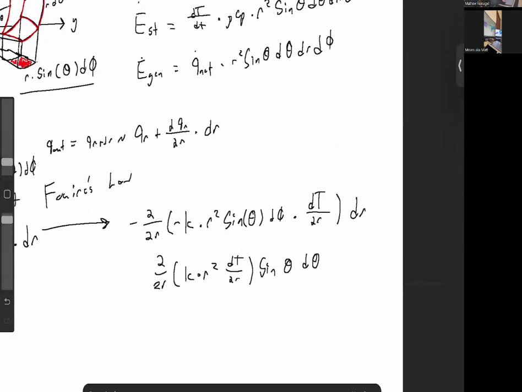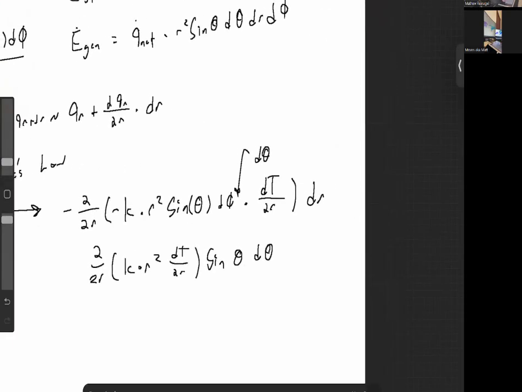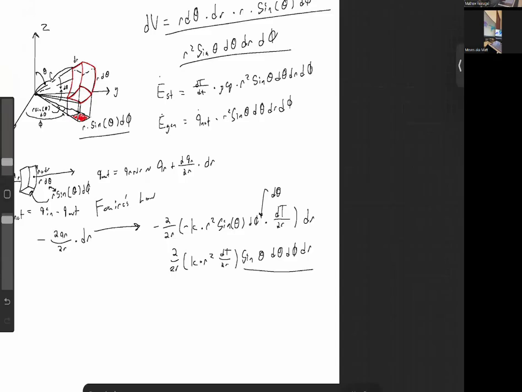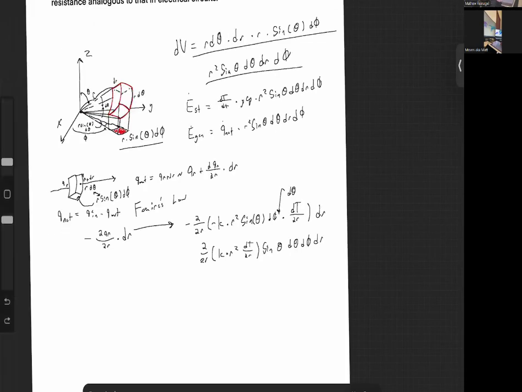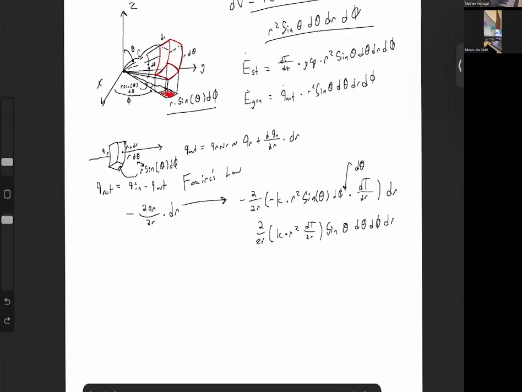Oh, yeah, for the original part here, this is R squared, and then dθ is also in here for the area expression. And then dφ, and then dR. So you notice we're already seeing kind of a similarity with the volumetric relationships here. We're going to keep proceeding, and we're going to see that every part of the net flow, or for the heat going in, is going to be different in this case.